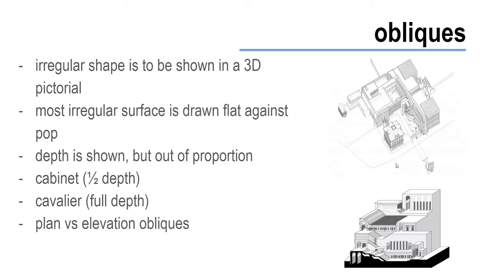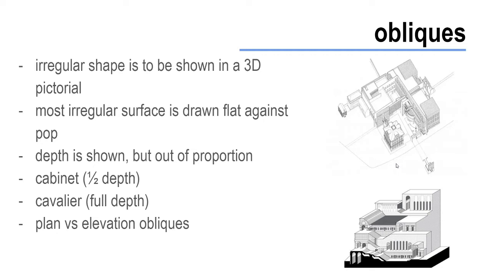Obliques are another style of 3D pictorial, not really used as often as the isometric or the perspective that we'll look at in a moment. So with an oblique, your object is an irregular shape, with the most irregular surface, or the surface that has the most detail, flat against the plane of projection.